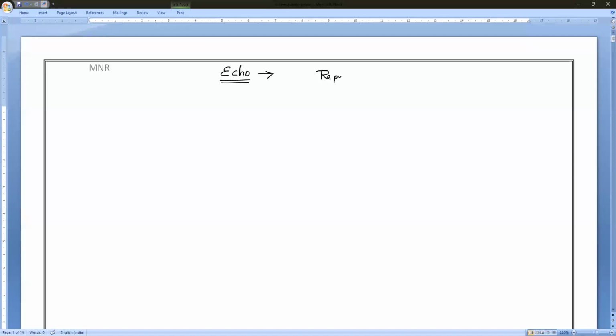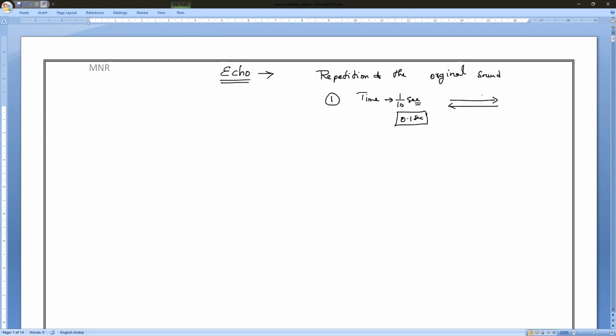If you want to hear this repetition of the original sound, generally we need four conditions, but majorly two things are needed. The major important one is the time difference between the going sound and the coming sound. The original sound and the reflected sound must differ by how much time? 1 by 10 seconds, or 0.1 second.